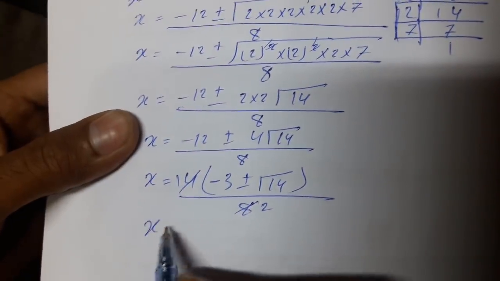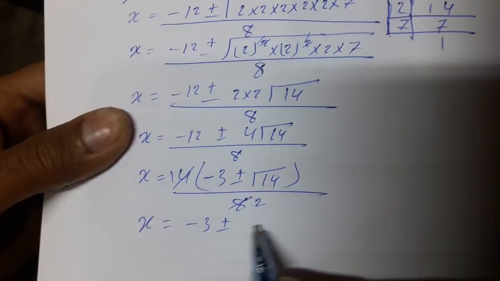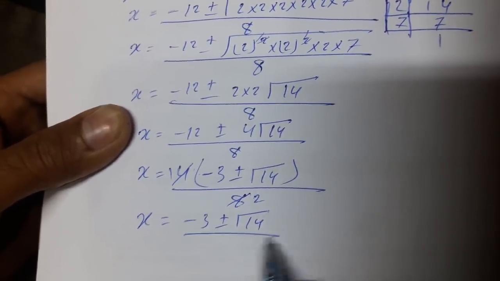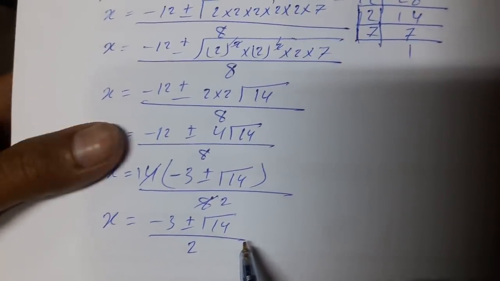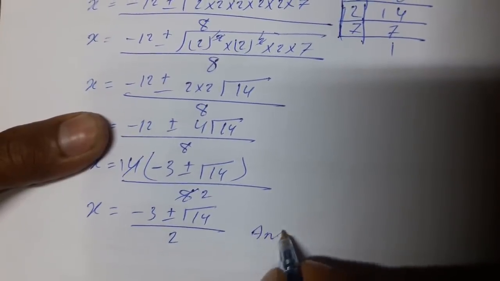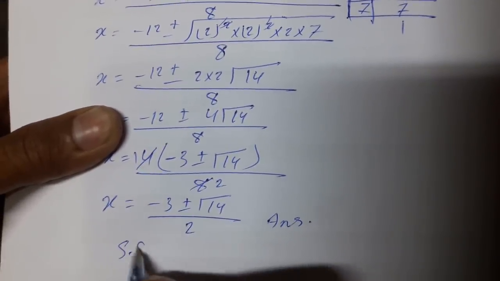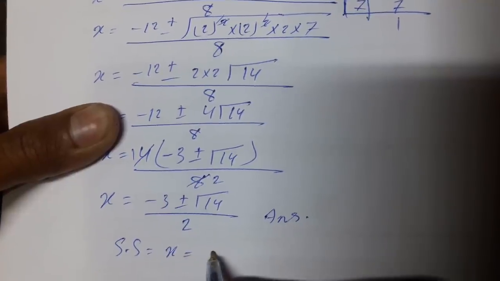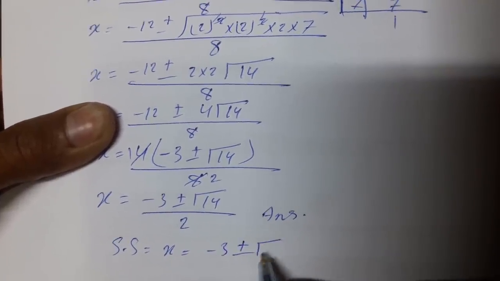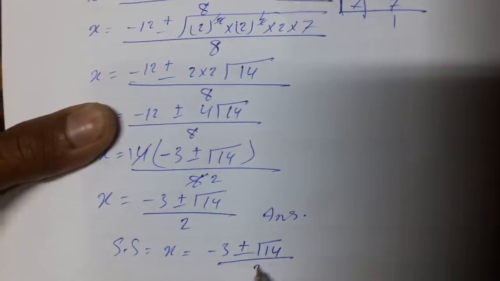So x equals minus 3 plus minus square root 14 divided by 2. This is the answer.